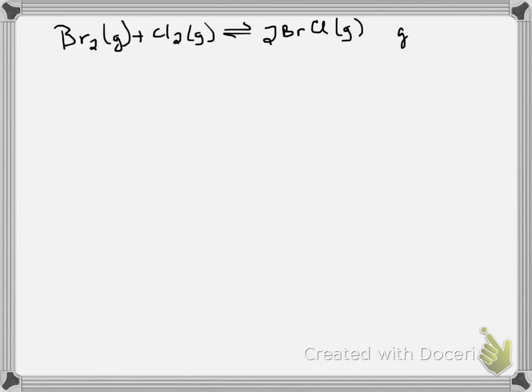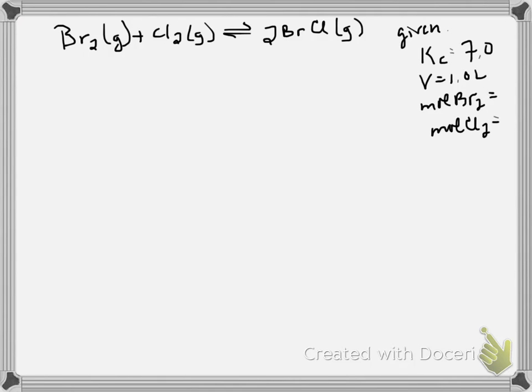And we're given a Kc equal to 7.0, and we're given the volume is equal to 1 liter. The moles of Br2 is equal to the moles of Cl2, and that is equal to 0.25.